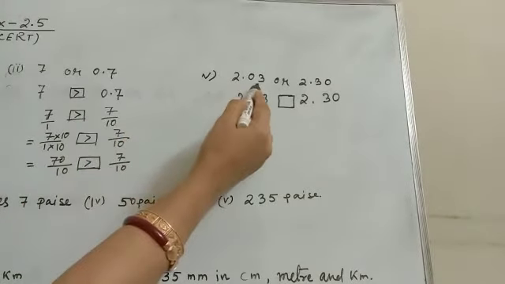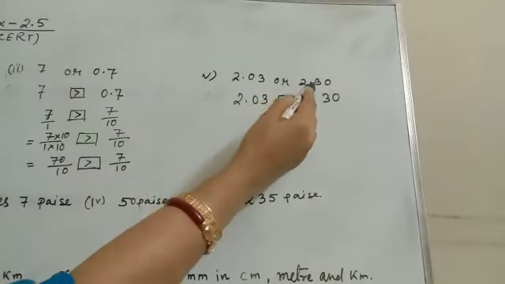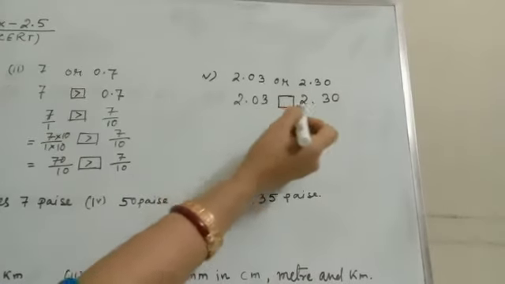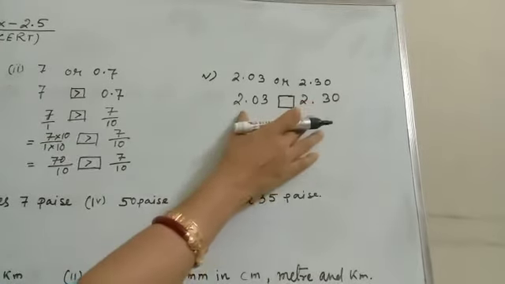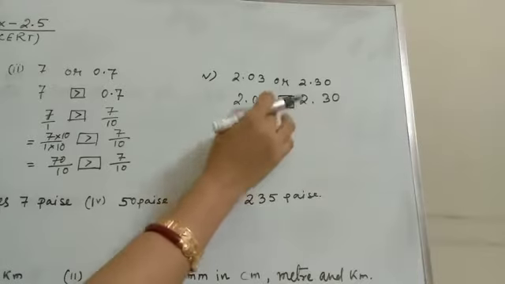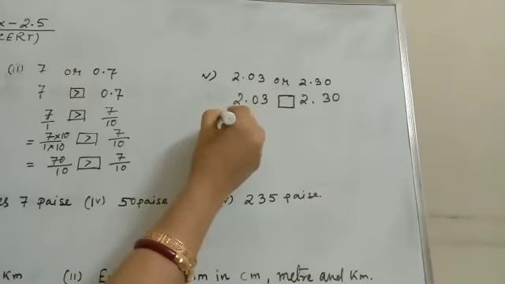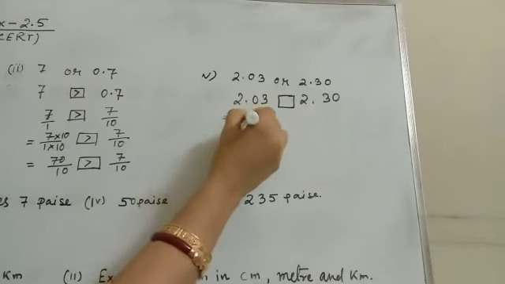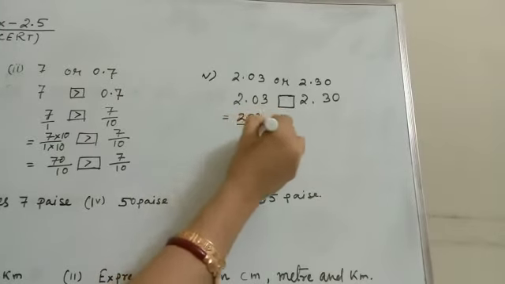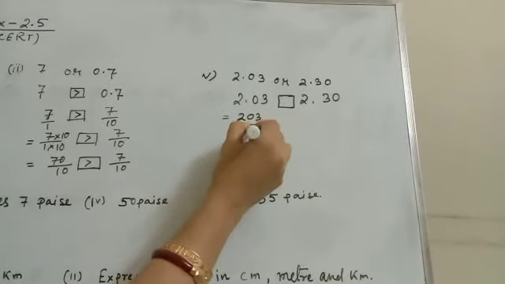So come to the next sum in question number 5. Here it is 2.03 or 2.30. We need to compare which one is greater. I have written another line using a box. Now you know that it is 203 by 100, out of the 2 places of decimal after the point.